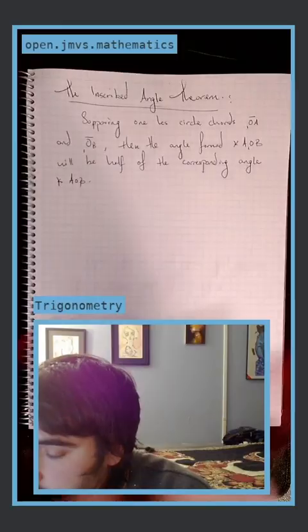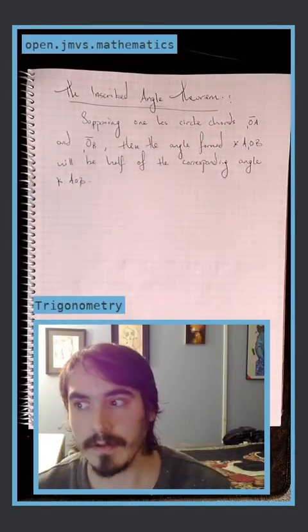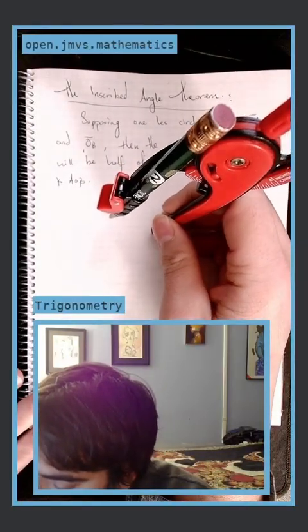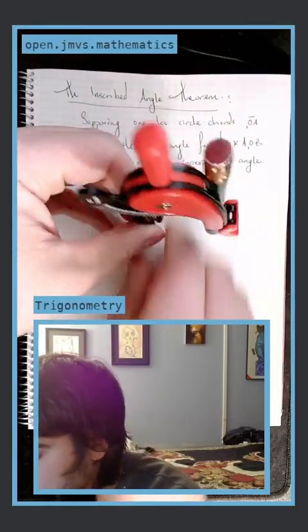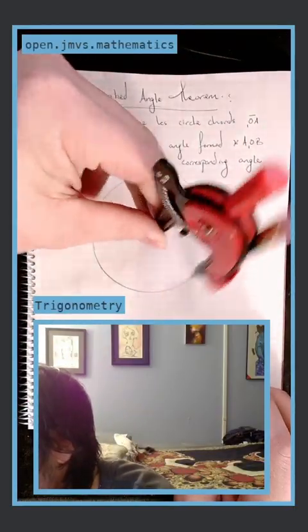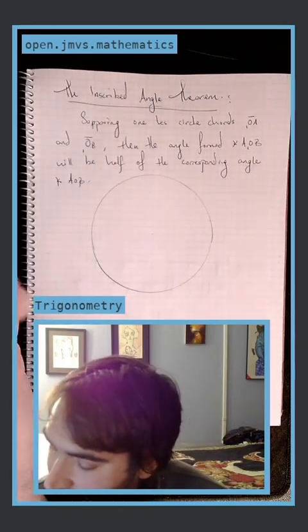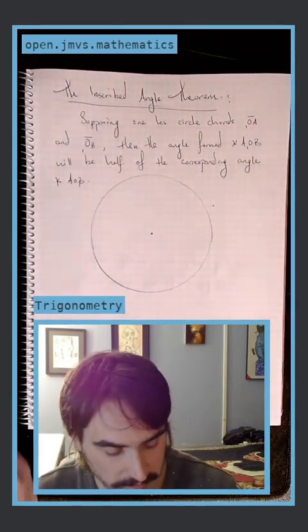So for our purposes, just so we have something to attach to in this moment, I'm going to draw a very quick diagram of what this is. Okay. Ooh, looks like I changed the size of that circle midway. Okay.